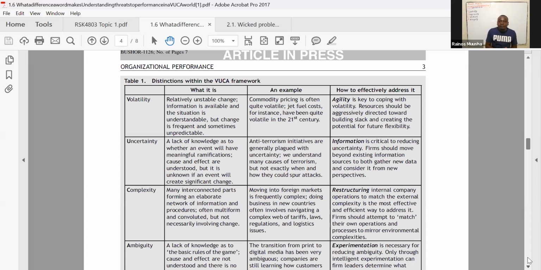When you look at it from a firm's perspective, when it comes to uncertainty, this is where, for example, you have an organization that has its primary product that it's producing, but then they decide to say, maybe why don't we consider introducing another market that we can also enter into as well.